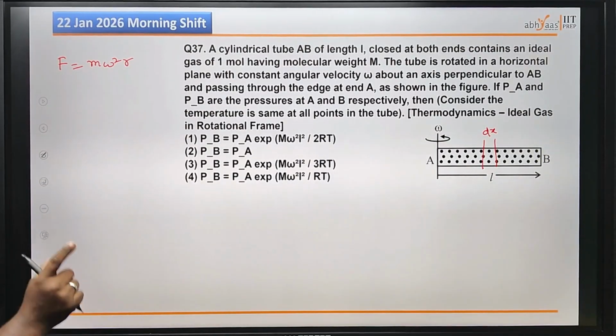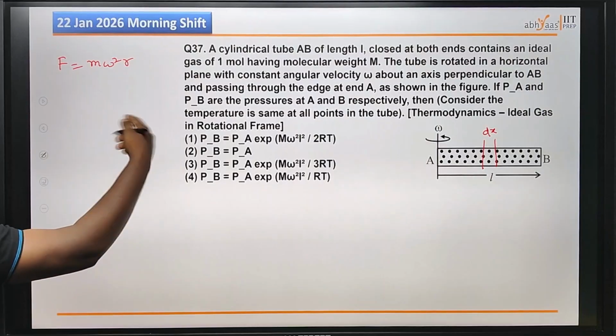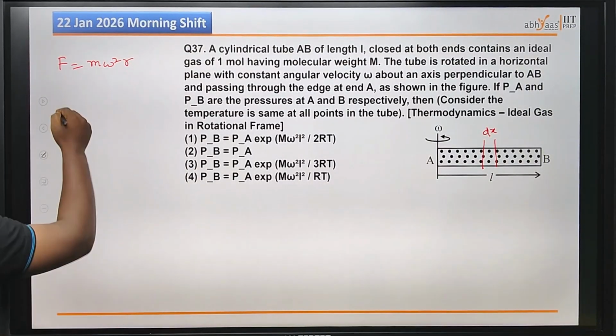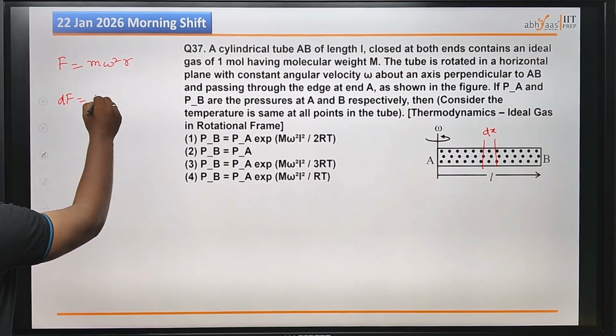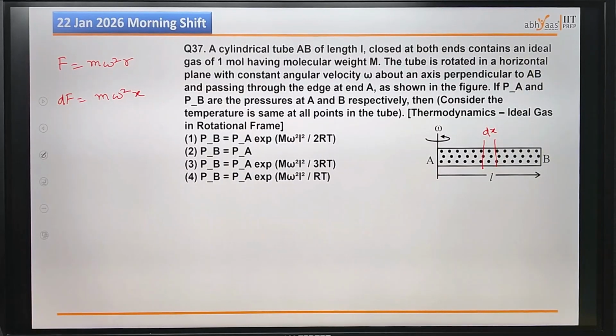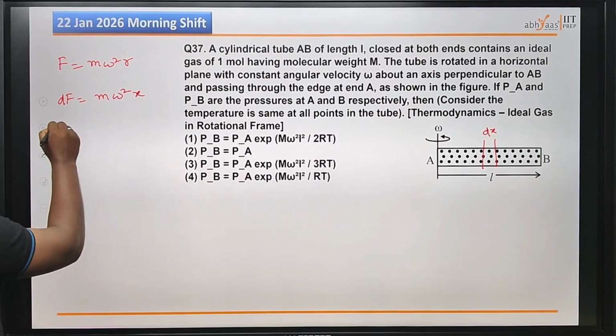Here we are taking a small portion, so this is not r, it is x. You have to take x, that is the perpendicular distance. No need to worry. So dF equal to dm omega square into x. If we change that dF into pressure, pressure is nothing but force by area.